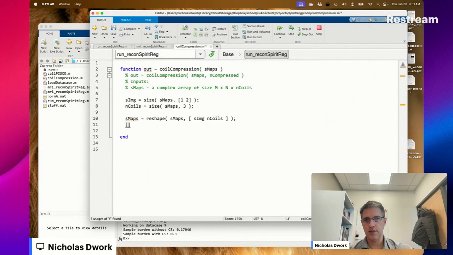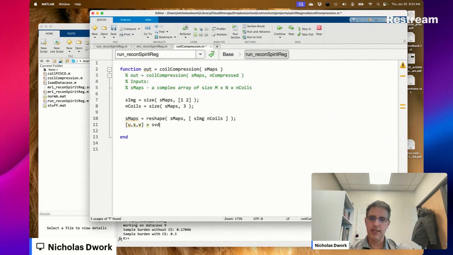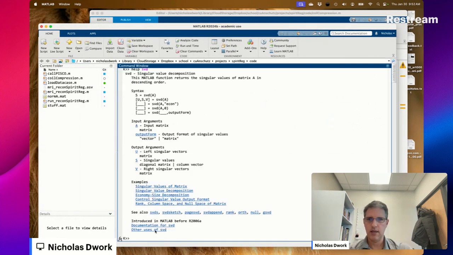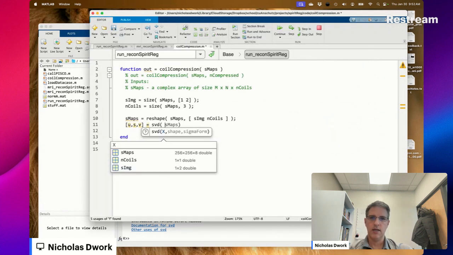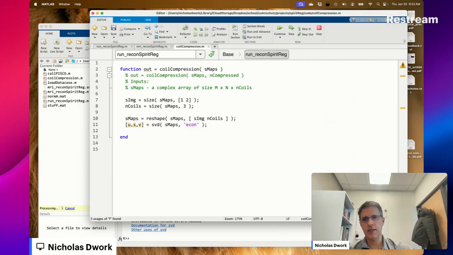Okay, now we're going to do the SVD. I never remember in MATLAB, is it SVD or SVDC? SVD, okay. S maps, we're going to do the economical version.